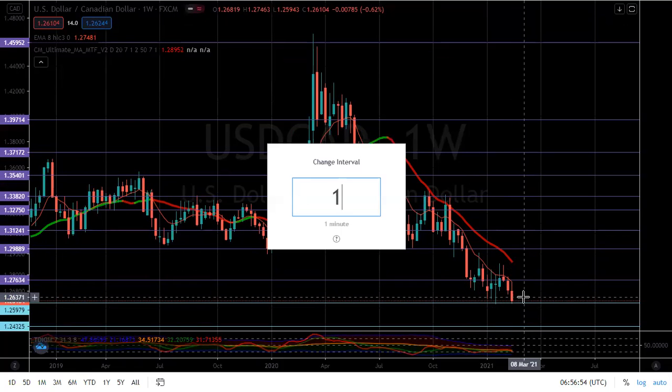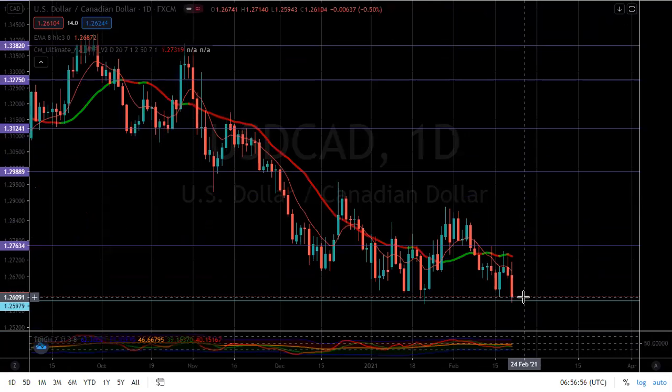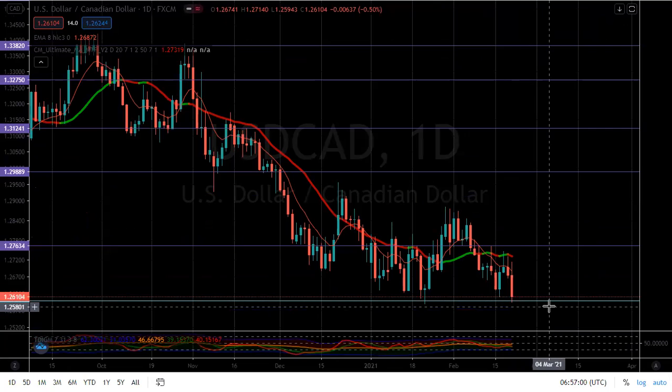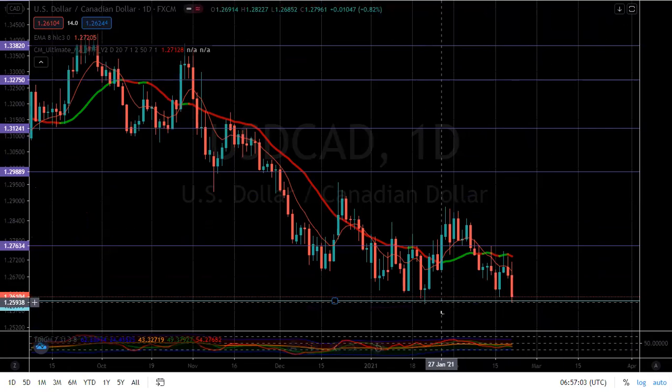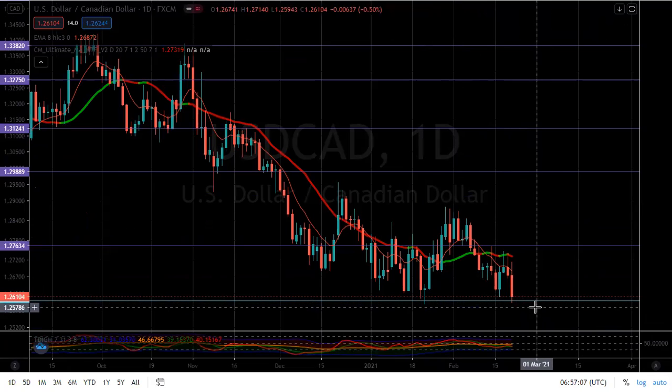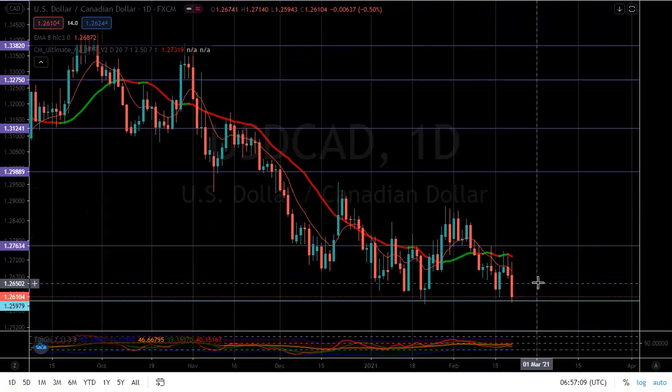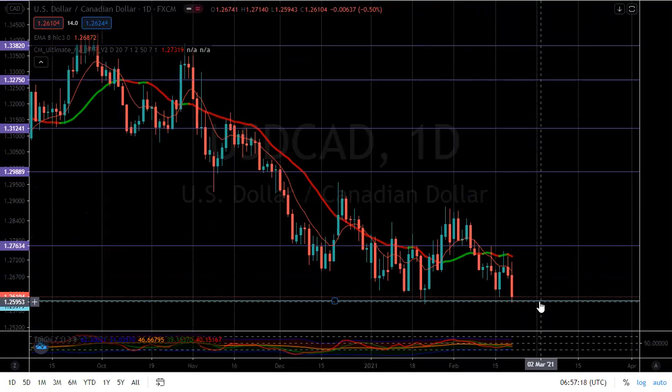and let's look at the daily so that we get some good details to work with. Now from what we have here, we've gotten a double bottom around here. Well, I want to see price retrace a little bit into the 1.2660 area for us to continue to the downside, for us to go ahead to break this.